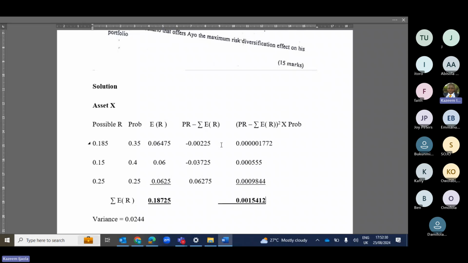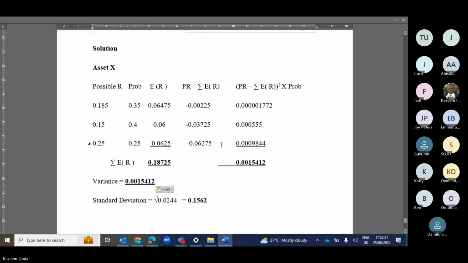If my variance is this, what's my standard deviation? I got 0.0393. Yeah, so this is for asset X.